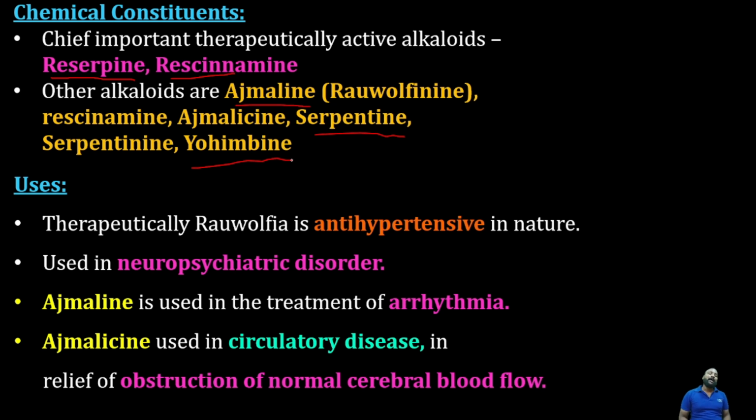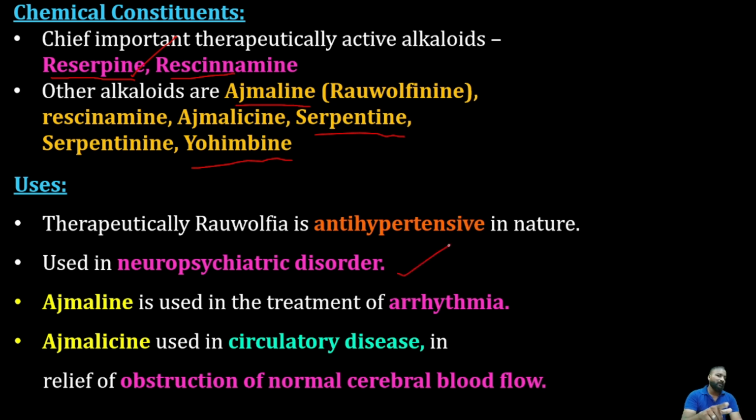These will be the chemical constituents, but among all, reserpine will be the active one, which has more therapeutic value, and the rest will be synthesized and further have other pharmacological actions. Rauwolfia is an anti-hypertensive drug, anti-hypertensive in nature. So it is used to treat BP, blood pressure, and used in neuropsychiatric disorders.